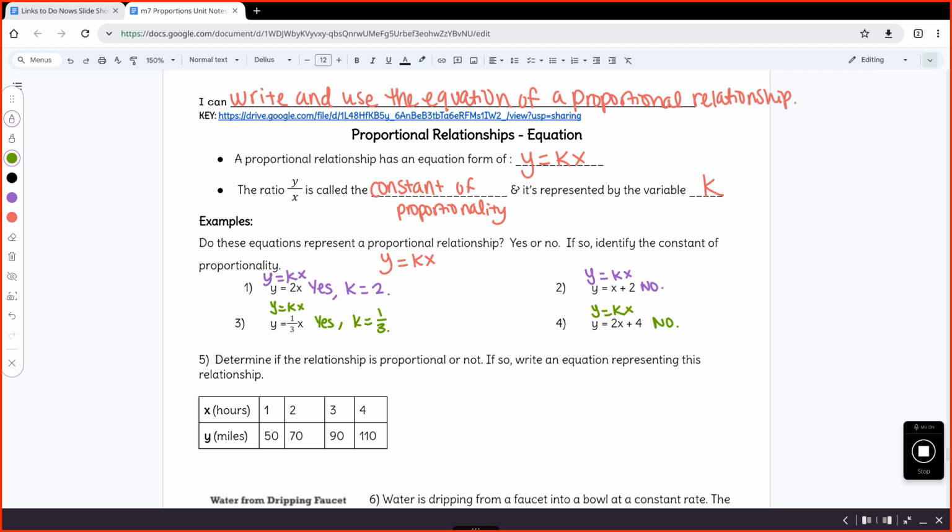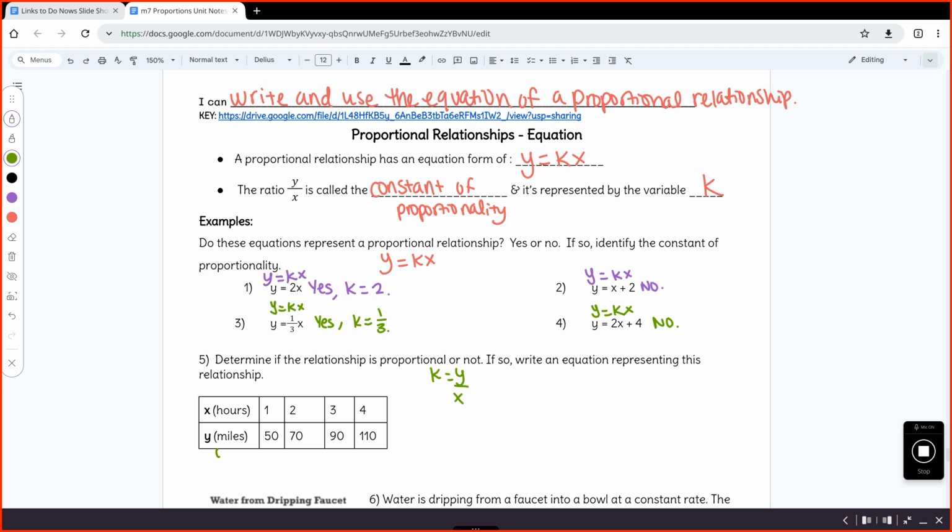All right, number 5, we have determine if the relationship is proportional or not, and if so, write an equation representing this relationship. So hopefully you remember that k equals y divided by x. In order to see if something is proportional, it needs to have a k, a constant of proportionality. The ratios need to be the same.